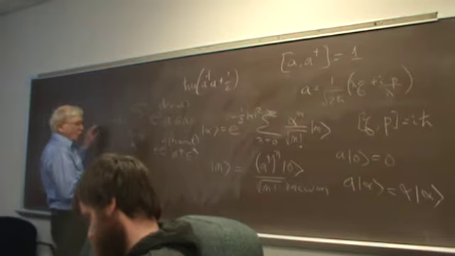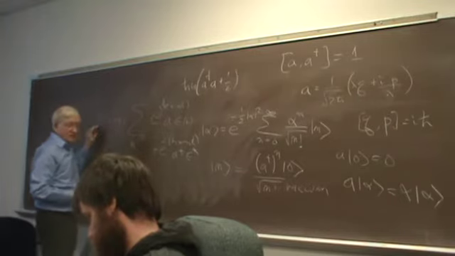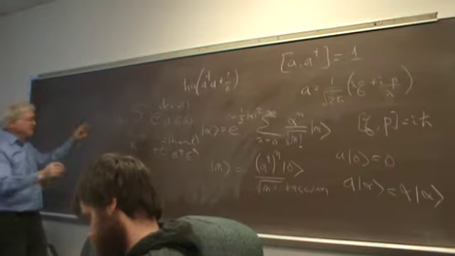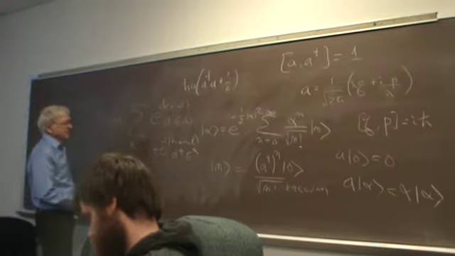So this is the quantum version of the electromagnetic potential. The curl of A gives you B, and the time derivative of A gives you E, apart from the Coulomb field.